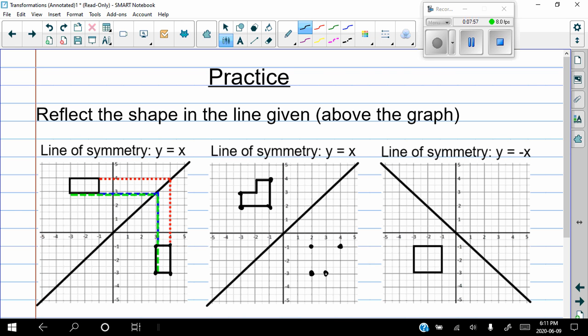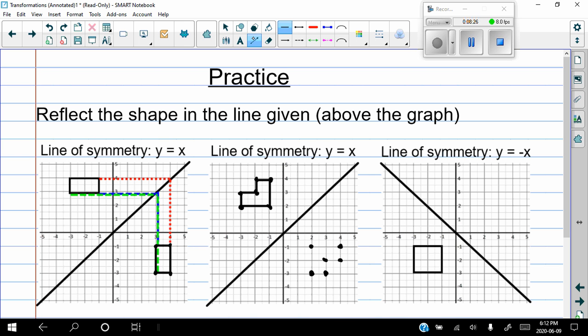Notice we're still only working with horizontal and vertical lines when we come down to it, now that we know what we're doing. So we have 5 points. We're 5 away, 5 away. And our last point is going to be 6 away.